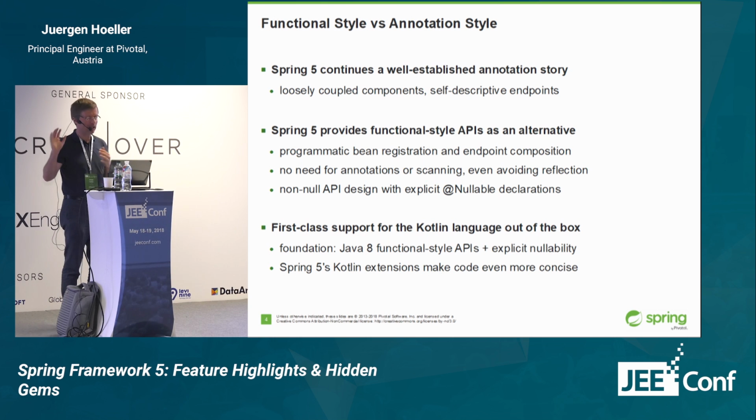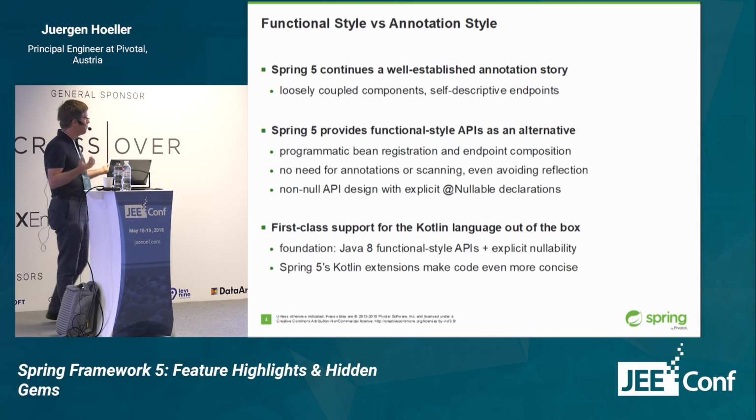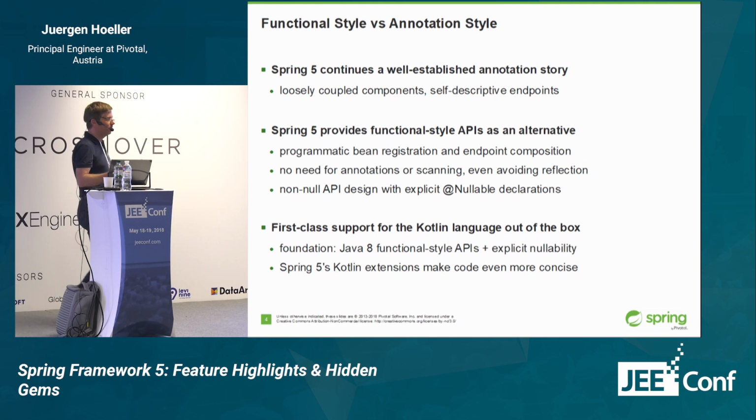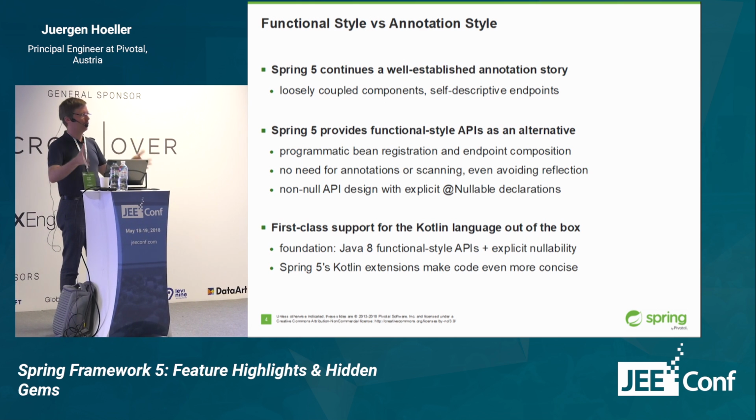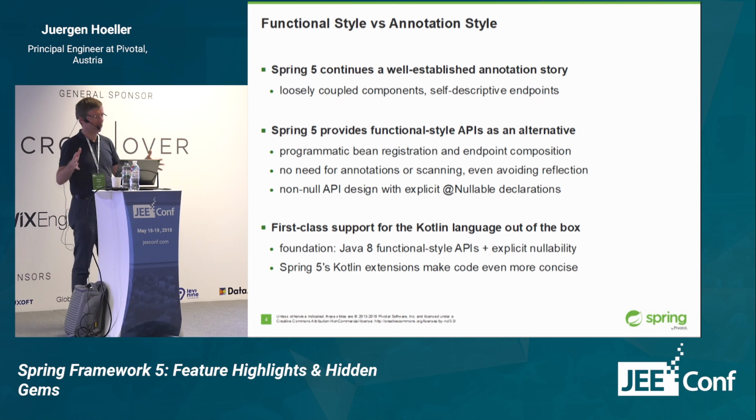API interfaces, SPI interfaces, inheritance arrangements in a few cases. In Spring Framework 5, we're making plenty of use of modern-day Java, so you'll find interfaces with default methods and whatever else, but it's actually a pretty traditional, very classic Java object-oriented design at work there. And the annotation-based story sits on top of that.